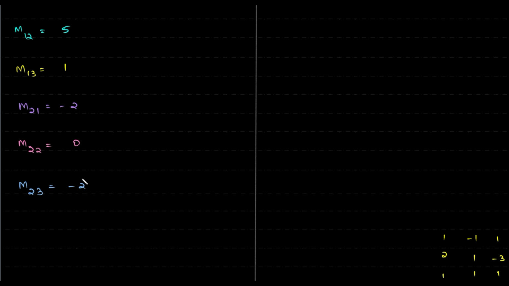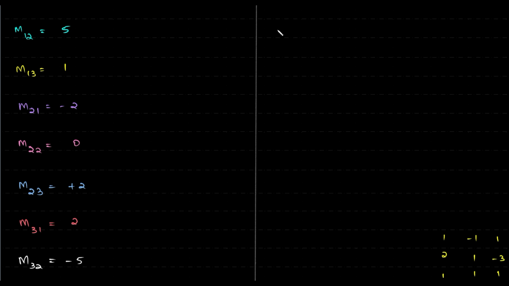right? Oh sorry, plus 2. M31, 31 is this, so plus 3 minus 1, 2. Then M32 is over here, minus 3 minus 2, minus 5.